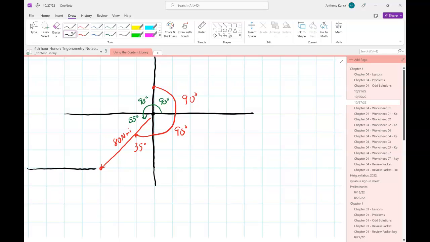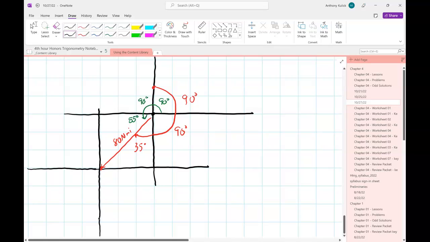So I'm going to draw another XY axis. And I'm going to draw my next leg of my journey, which is 162 degree bearing.